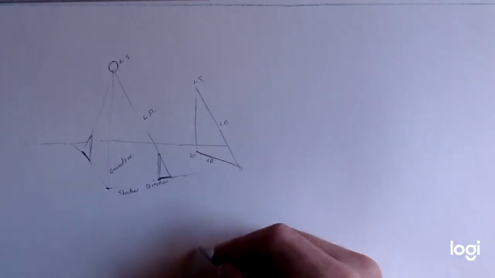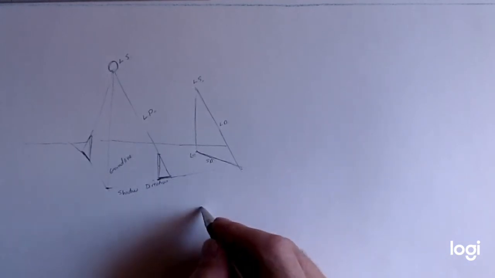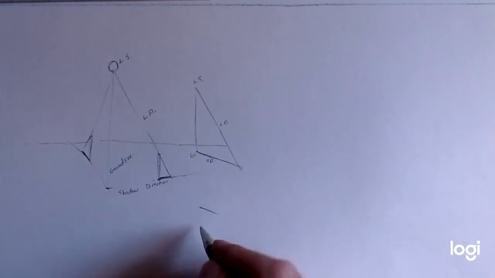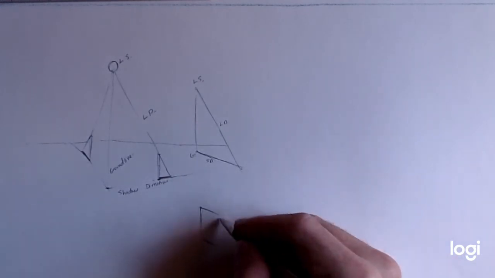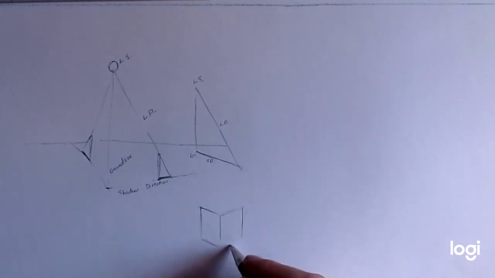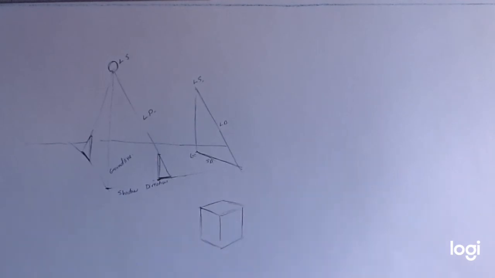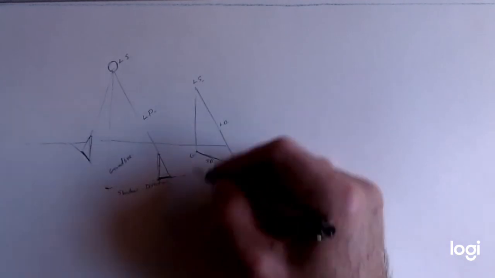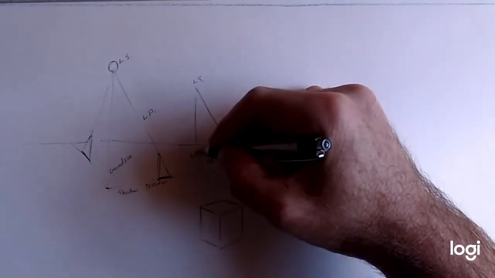Let's say I've got a cube. And I want to take this. So here's my light direction. Here's my ground direction.